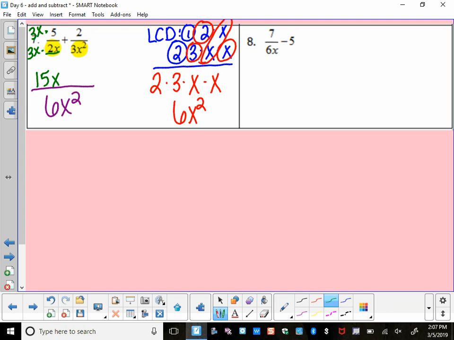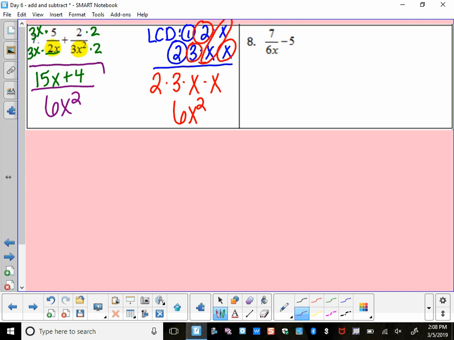On the other side, I have 3x squared, and I'm trying to get to 6x squared. What am I missing? Just times 2. Because my x squareds are fine. So what's 2 times 2? 4. Do I have a GCF with that 15x plus 4?